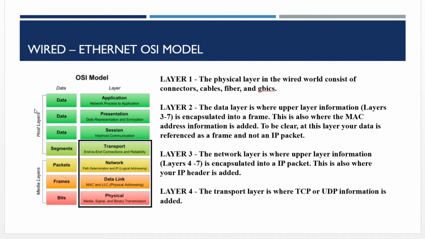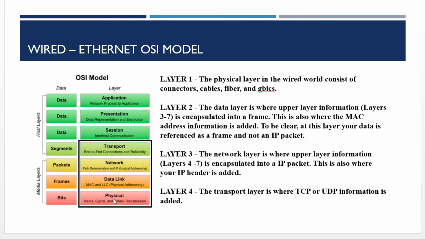The wired Ethernet OSI model. These are covered on layers 1, 2, 3, and 4. The physical layer in the wired world consists of connectors, cables, fiber, and optics. That's the physical layer right here.